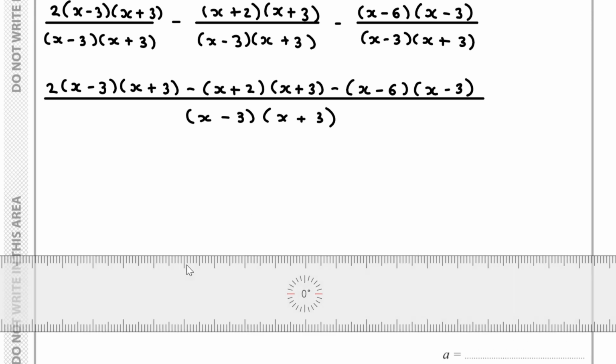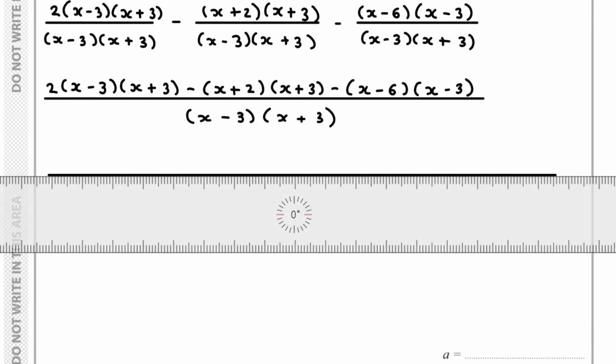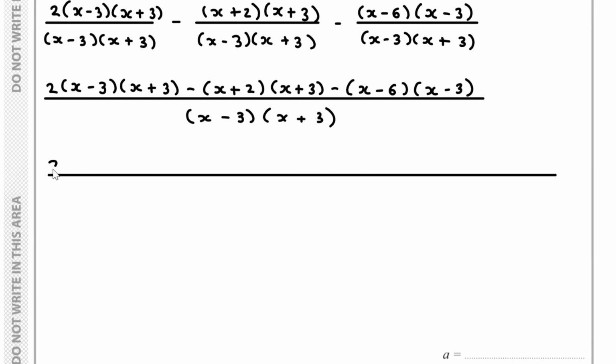Well, over here on the top we've got 2 lots of, well, x minus 3 lots of x plus 3, that's x squared minus 9, and then we subtract off over here. Well, we've got x times by x, that's x squared, and then x times by 3, and then 2 times by x, that'll just give 5x. 2 times by 3, that will give 6.